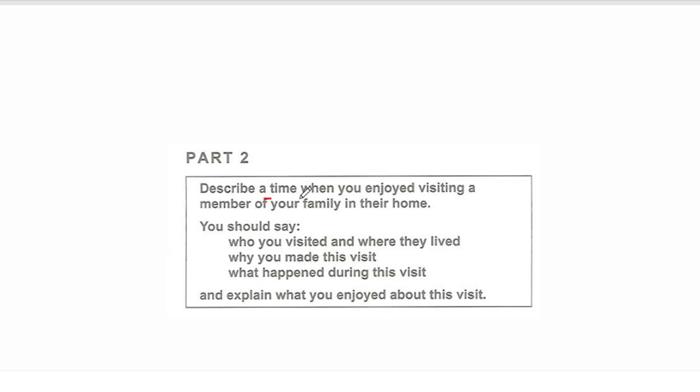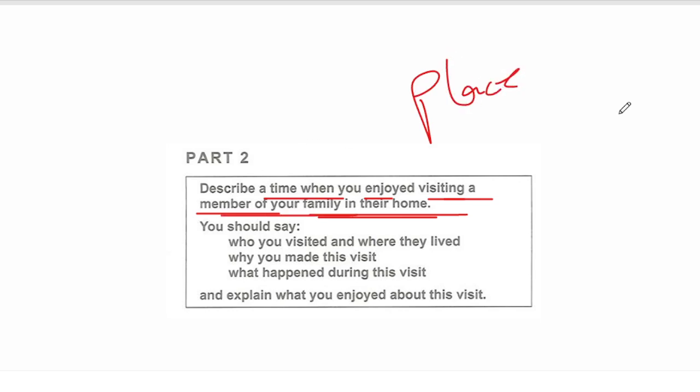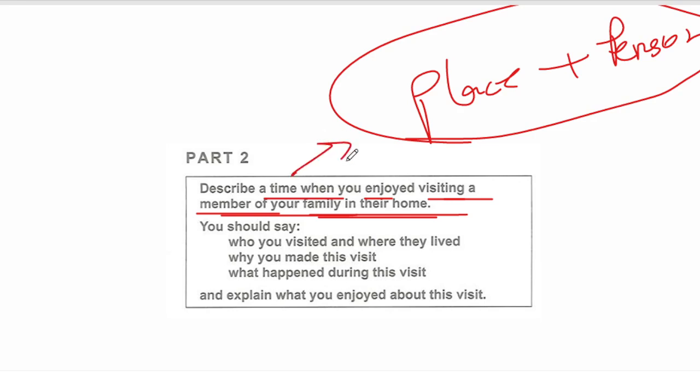Describe a time when you enjoyed visiting a member of your family. So you can connect. First of all, visiting an area, right? Your home. So it's a place. And you are talking about a person. So place plus person. You can connect these two for this cue card.